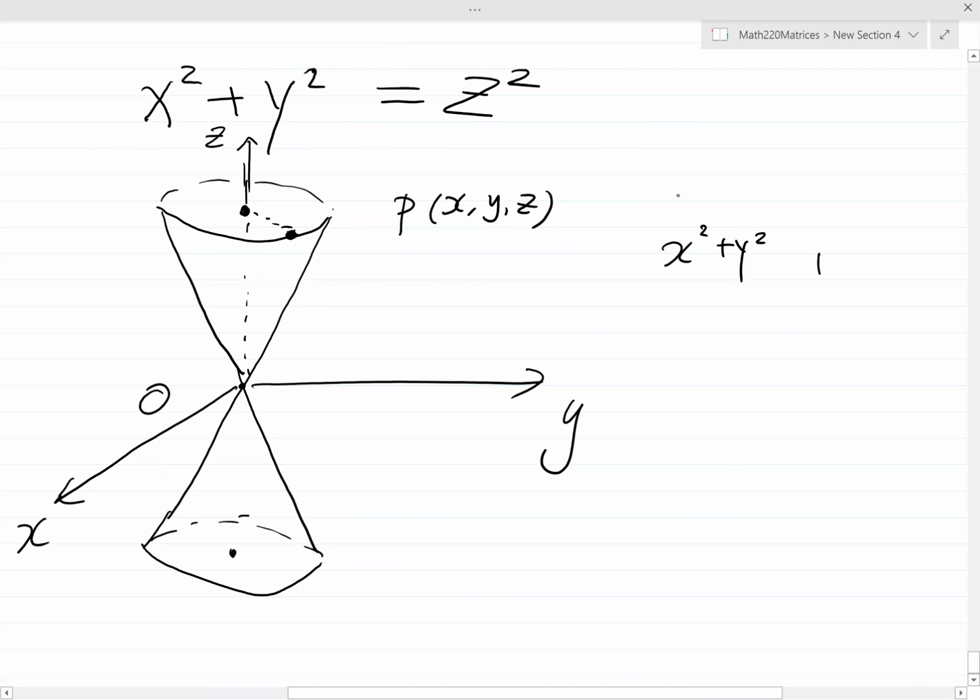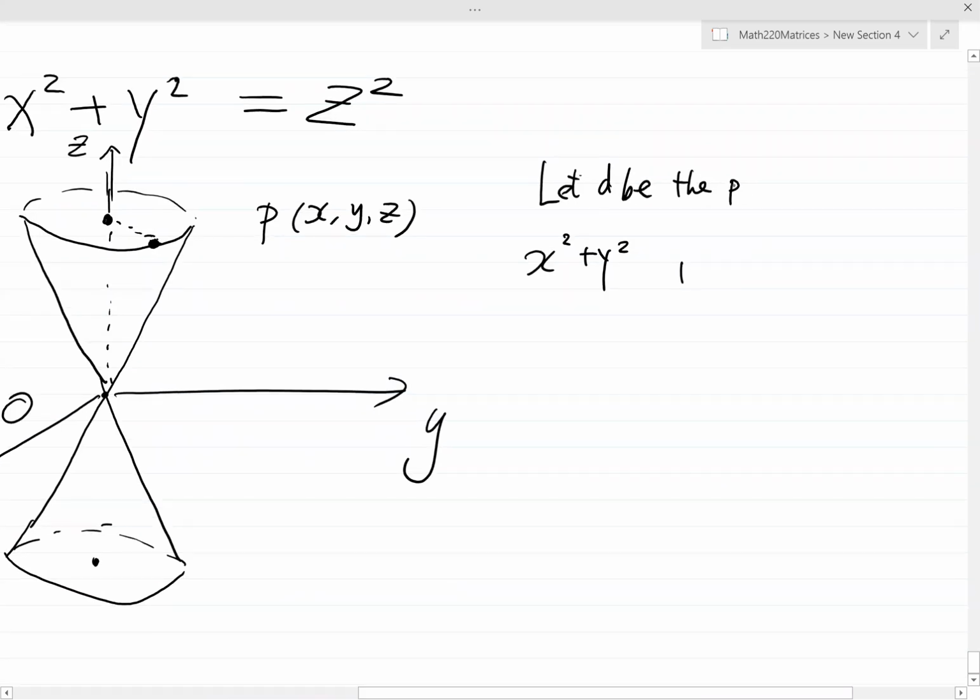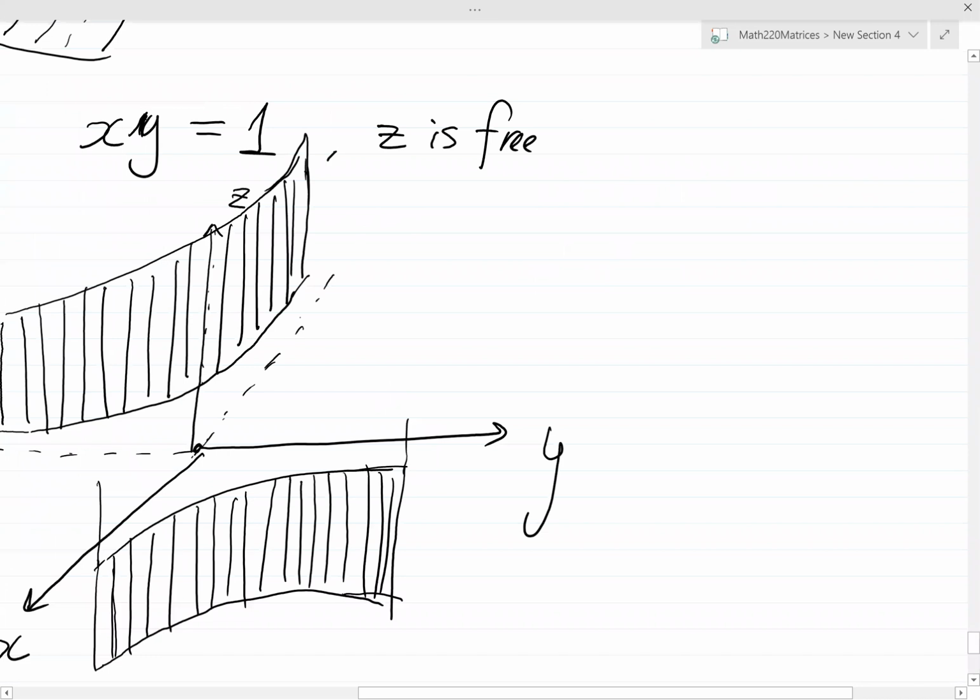Let d be the distance of P(x, y, z) to the z-axis.